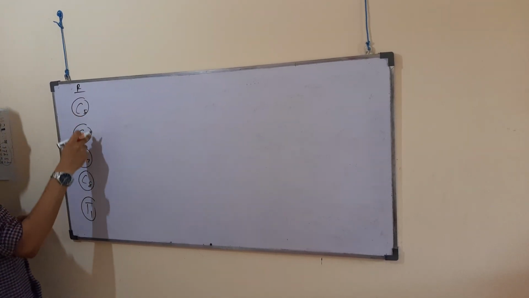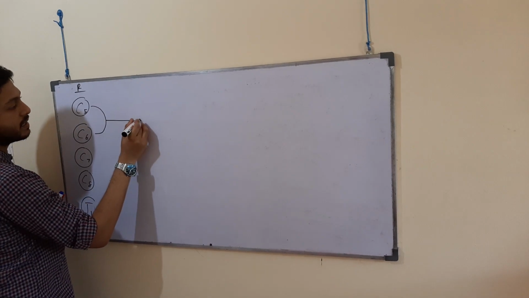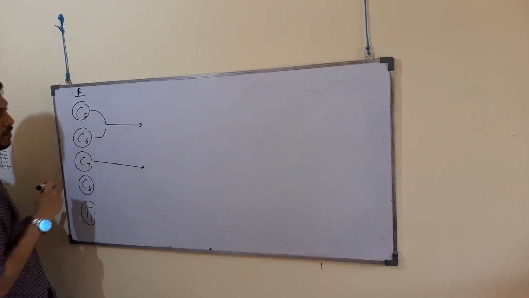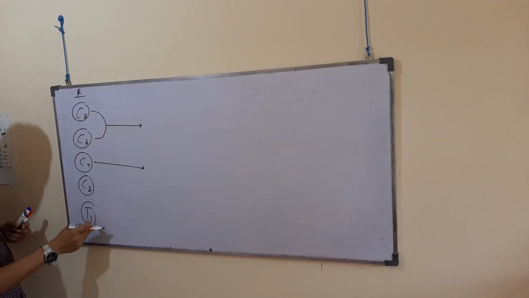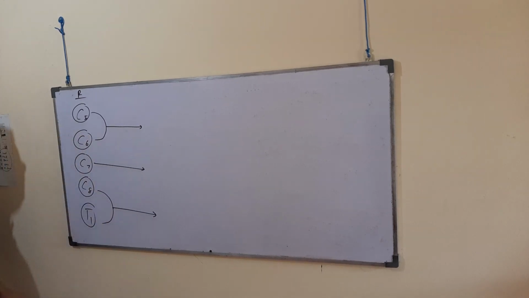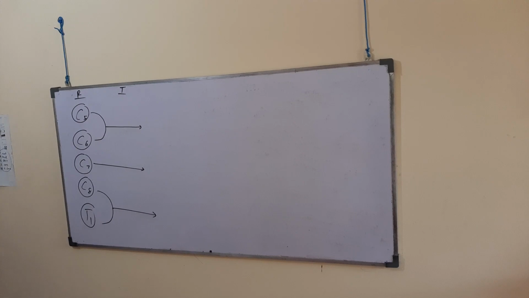Now the fifth and the sixth root together form a certain trunk. The seventh root on its own forms another trunk. The eighth and the first thoracic root form another trunk. So these are the trunks, the second part of the structure of the brachial plexus.